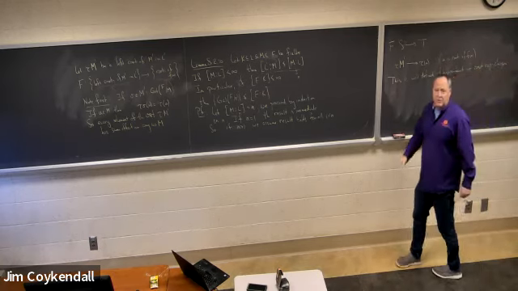Let sigma be in the Galois group of F over K, and let E be an intermediate field of the extension.